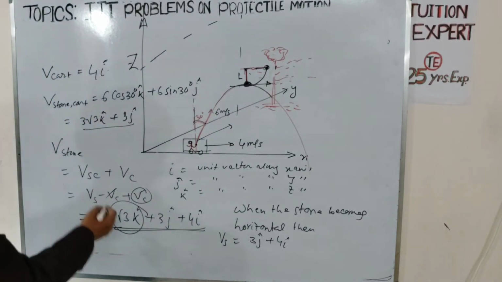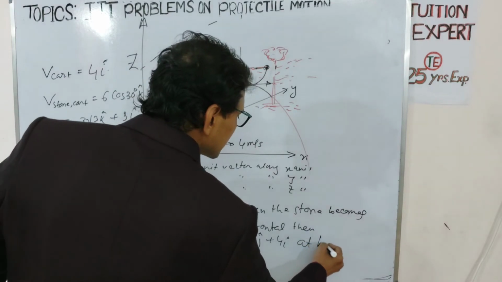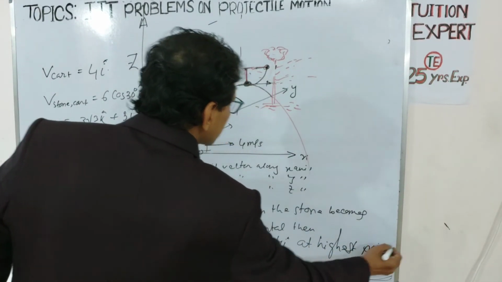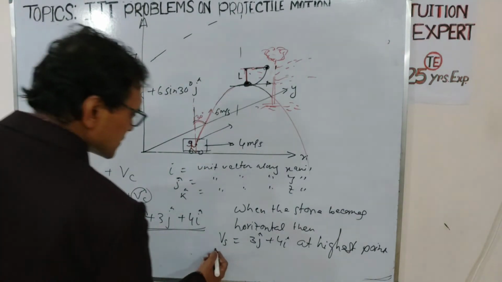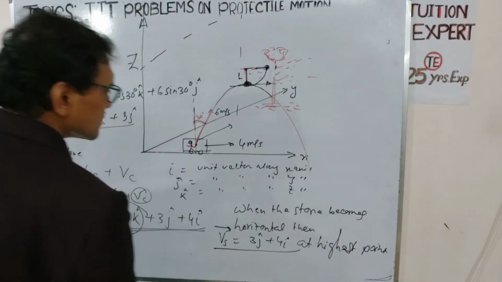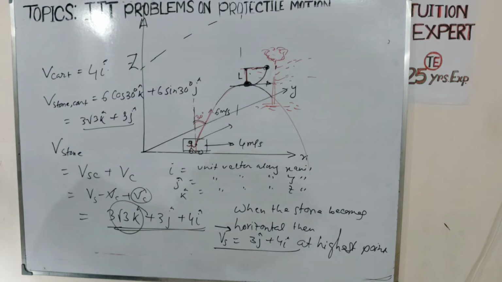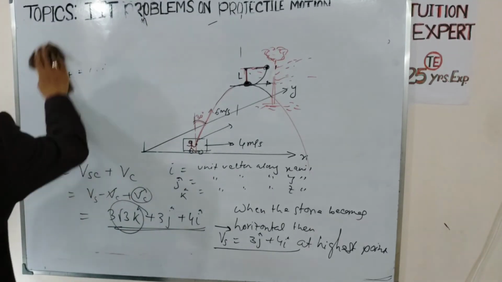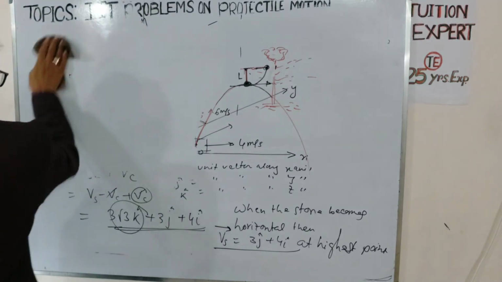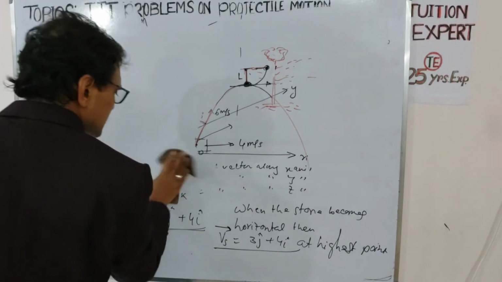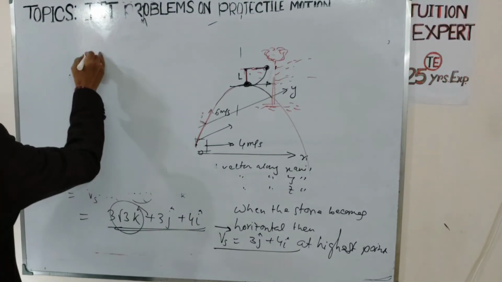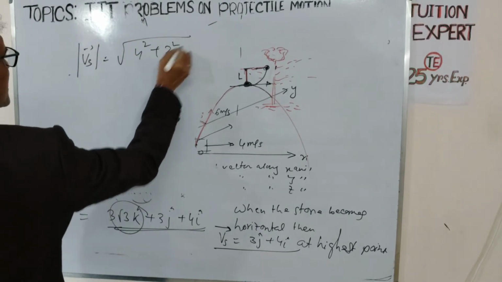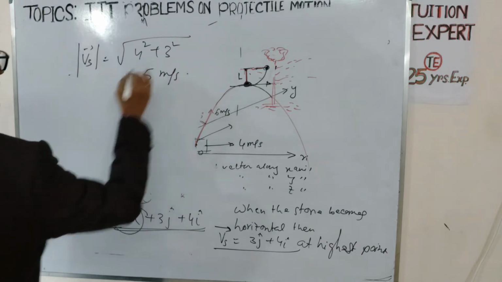So the magnitude of the velocity of the stone will be root over 4 square plus 3 square, that is 5 meter per second.